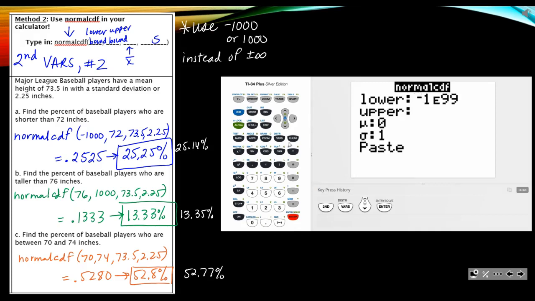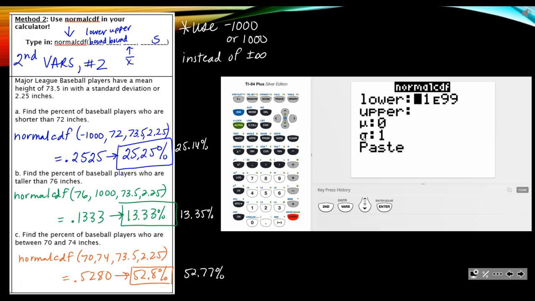And then it's going to ask you to plug in your lower bound and upper bound. The third thing down is a Greek letter called mu, and it stands for mean. And then the fourth thing down is sigma, and we're using S for standard deviation, but that's what those things mean.